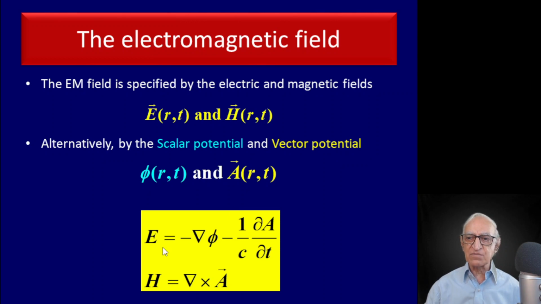And the relation between these potentials and the fields, E and H, are given in these two formulae. The electric field is minus gradient of the scalar potential minus 1 over c dA/dt. And the magnetic field is the curl of the vector potential.